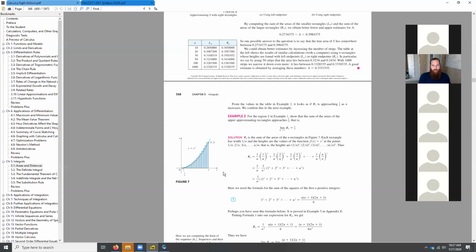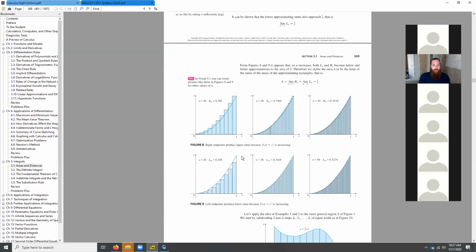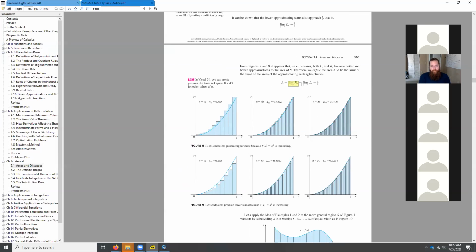Right. So what we have here is a purely geometric attack for finding areas. Right here, what they're trying to illustrate is n going to infinity in Rn. The exact area is the limit as n goes to infinity of Rn. And you could use Ln also, but we won't bother with that. So here, as I use more and more rectangles, remember n is the number of rectangles.